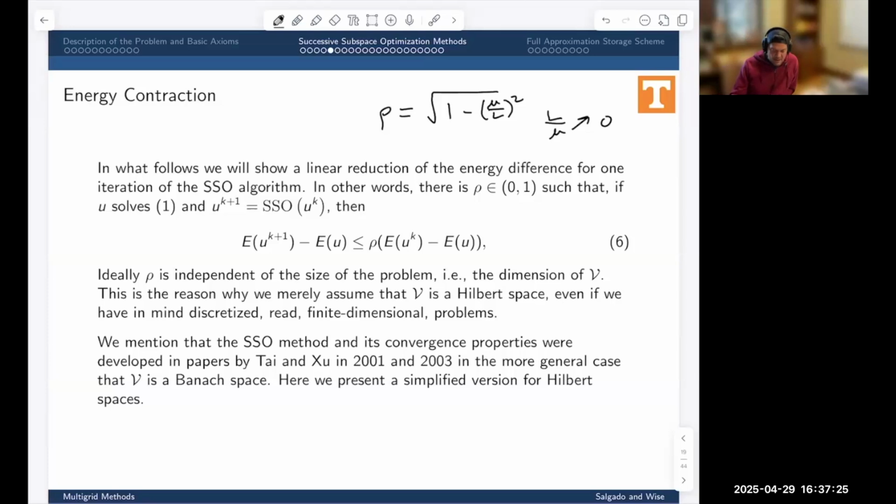So that's not necessarily good. And we want to try to find something which avoids that. And this SSO method is going to avoid that. So that's the good news. Rho is going to be found to be independent of the nonlinear condition number. But the analysis is a little bit more tricky and kind of more complicated.